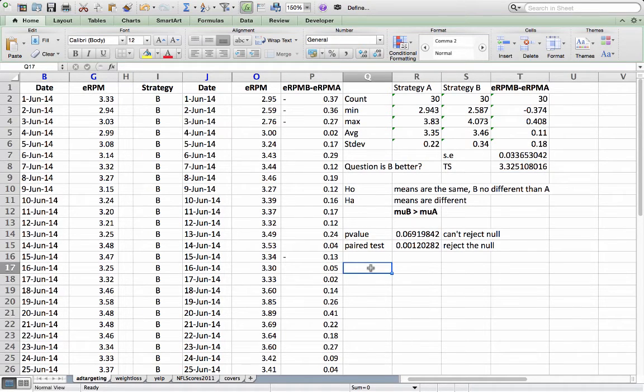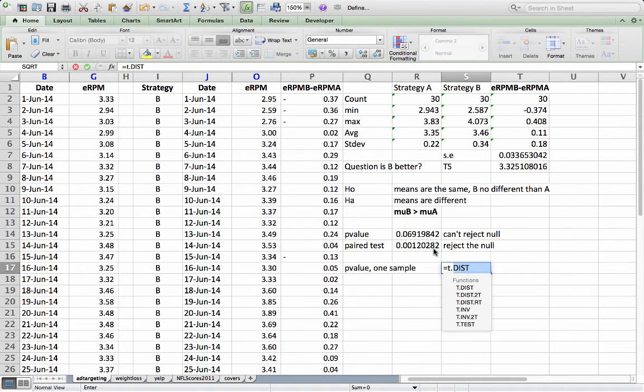And so now if we look at the p-value of our one sample, that's going to be T.DIST. And now we could do either a one-tail or two-tail test.